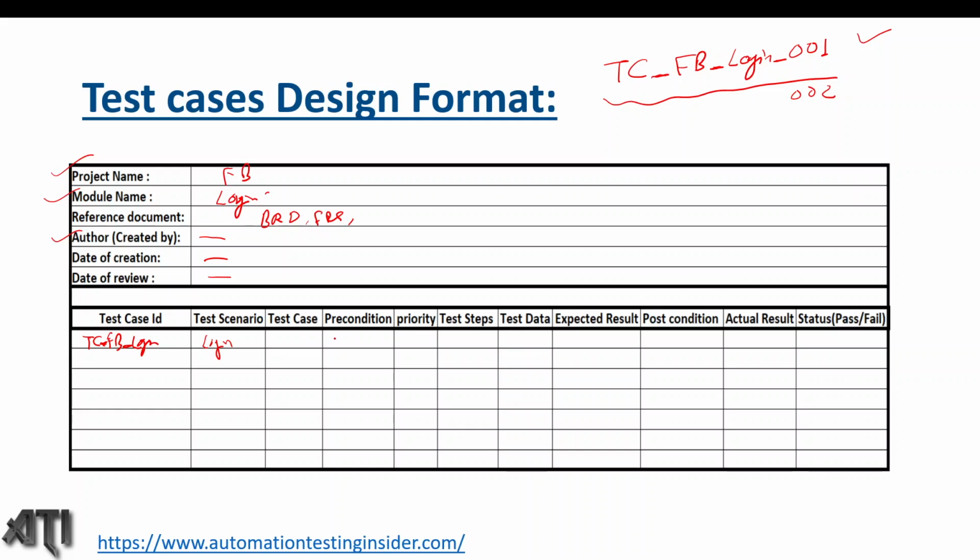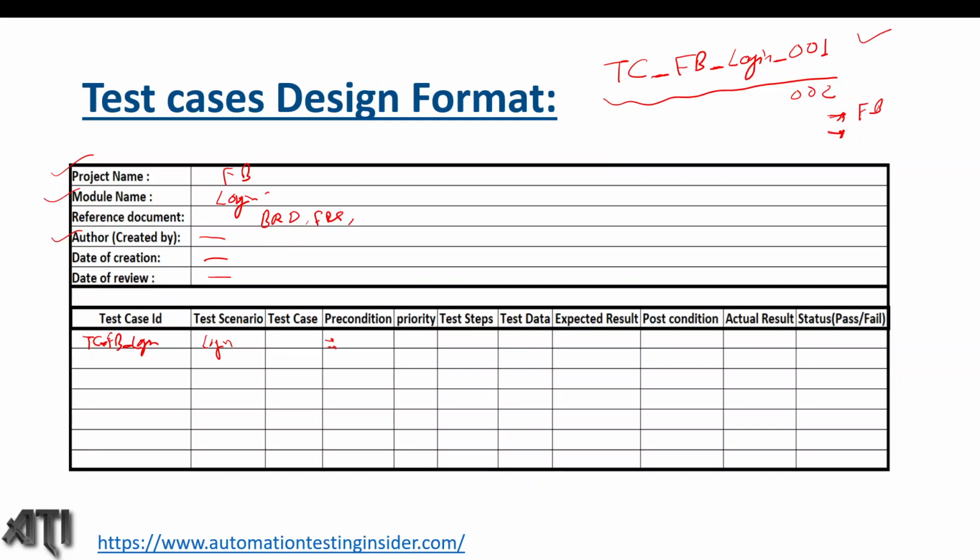And what is the precondition? Precondition is nothing but the requirement that should be met, the application requirement that should be met before we are executing the test case, right? So what are the preconditions for this one? The site is up and running, right? FB page is up and running, and user should have username and password, okay?